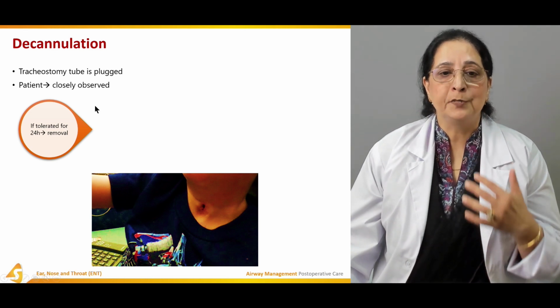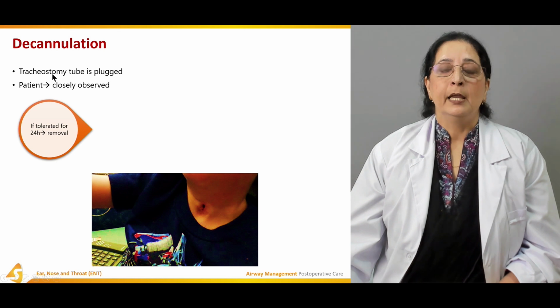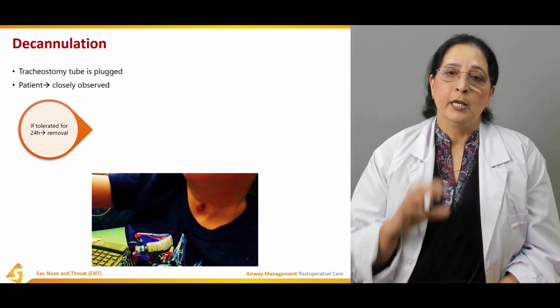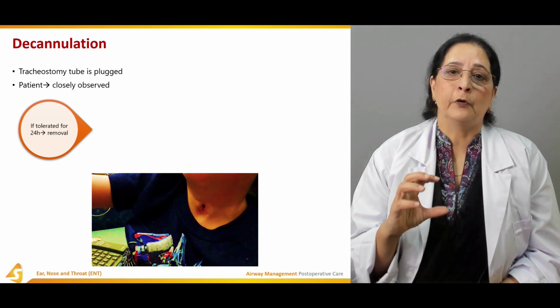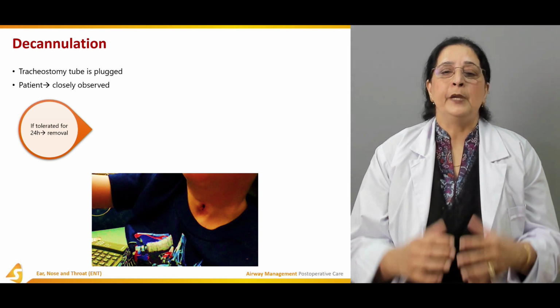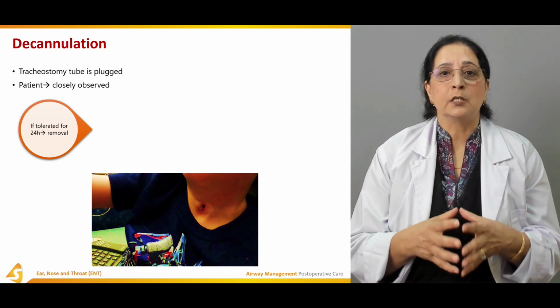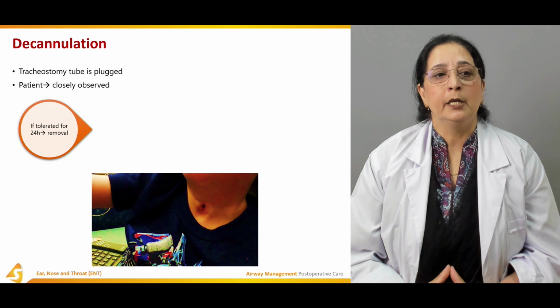The patient should be observed closely if the tracheostomy tube is plugged or blocked. So we should observe the patient for 24 hours. If the patient is doing fine without the tracheostomy tube, it should be removed.